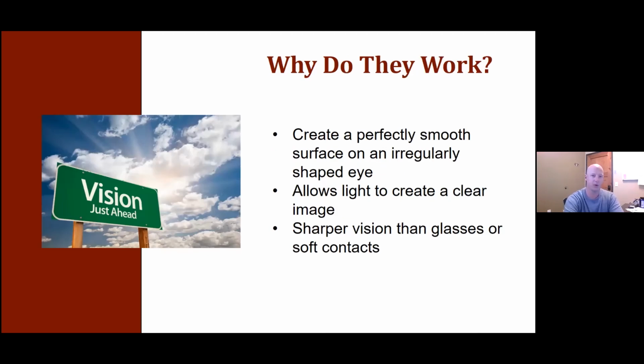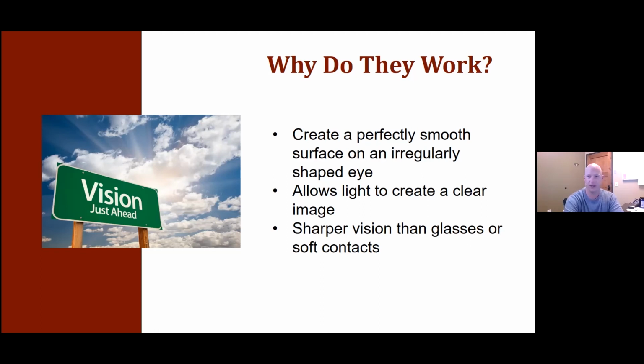So why does this work better than, say, a pair of glasses? Remember we talked about the patient who has keratoconus having a front surface of the eye that's a little bit warped. This kind of contact lens allows us to create a perfectly smooth spherical surface on the front of the eye.